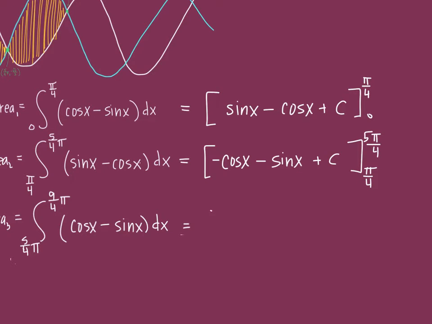And then area 3 would be the antiderivative again, so sine of x plus cosine of x plus c, going from 5 pi fourths to 9 pi fourths.